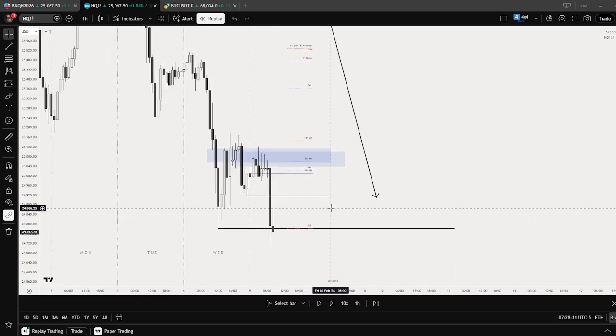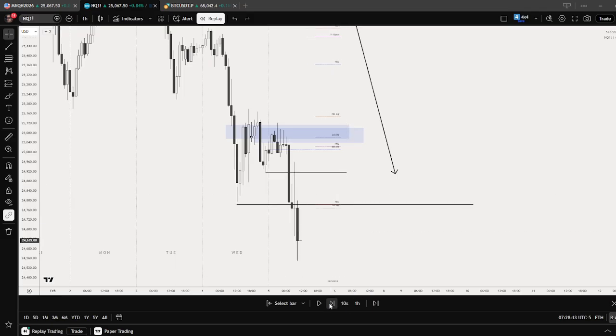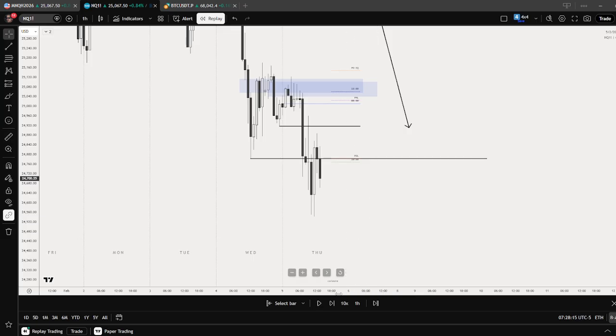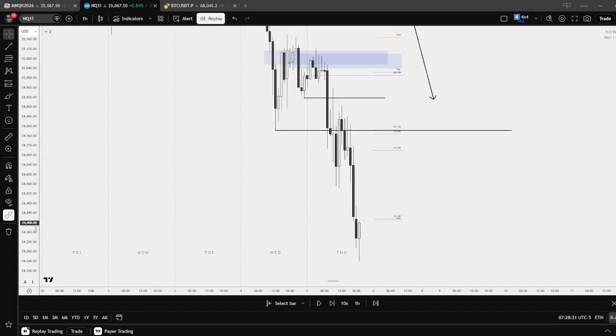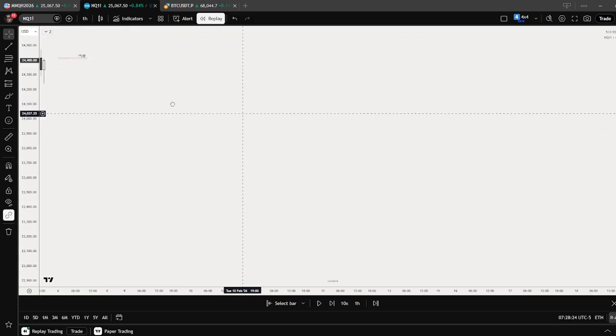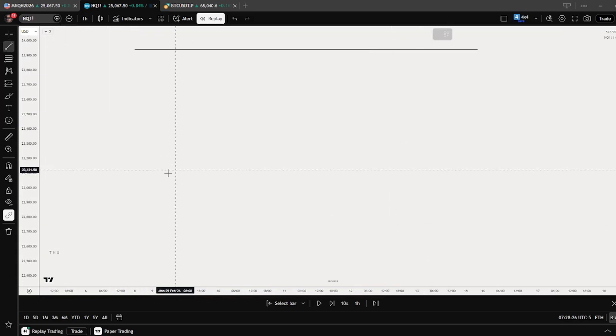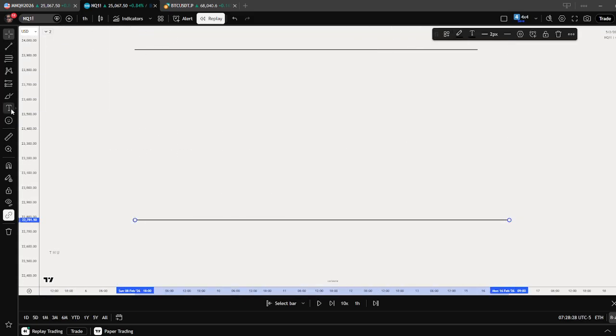Okay, very easy. And this repeats every day. We have two models. I will show you. Basically, we are trading from the POI to the draw on liquidity.